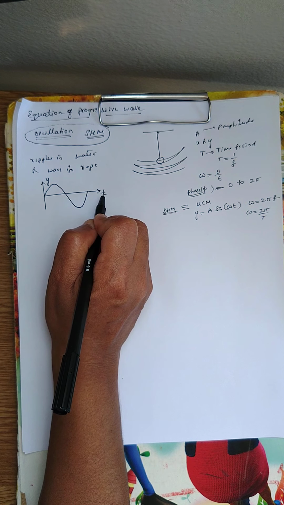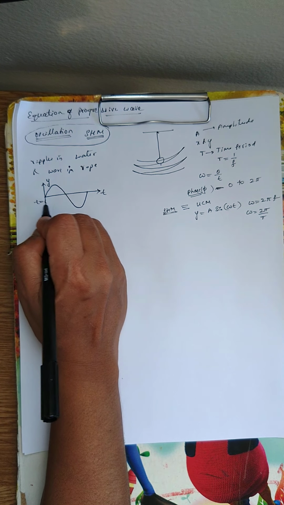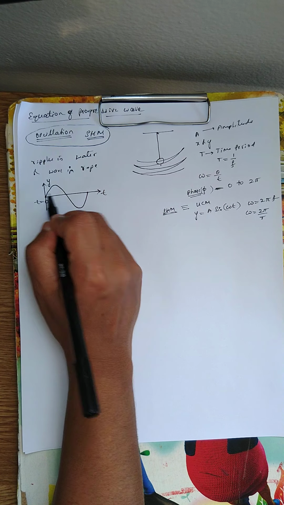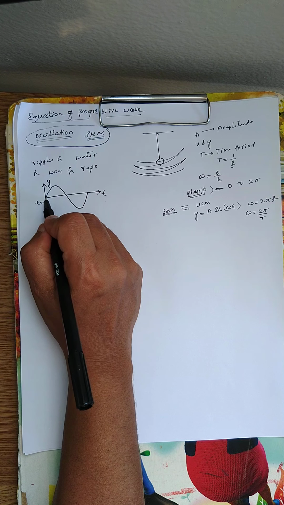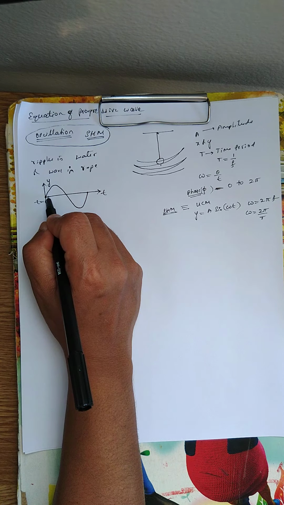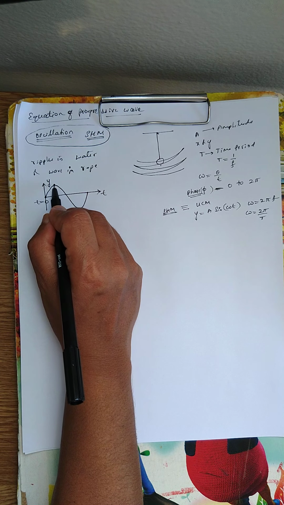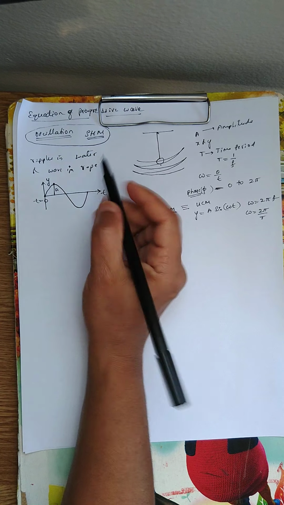So since it is time versus displacement, at origin I have time t equal to 0. If you imagine a particle at mean position, see, displacement is 0 at time t equal to 0. In the next instance of time, its displacement starts increasing. It will have maximum displacement, amplitude from here to here.